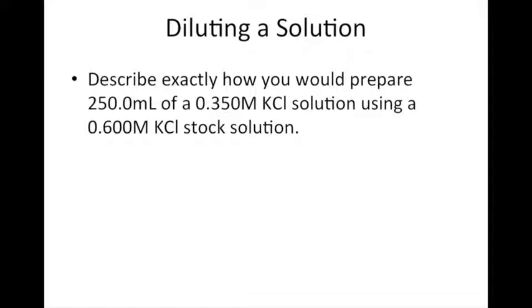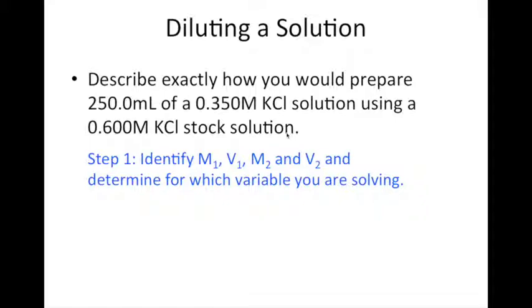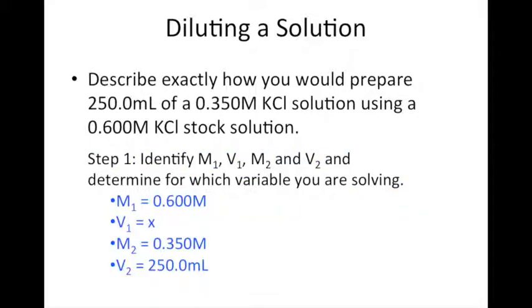Okay, so here we're preparing 250 mL of a 0.350 molar potassium chloride solution, and we're going to be using a 0.600 molar potassium chloride stock solution. So the first thing we need to do is identify our variables, M1, V1, M2, and V2. If we read the question carefully, we'll see that our stock solution, M1, has a molarity of 0.600 molar.